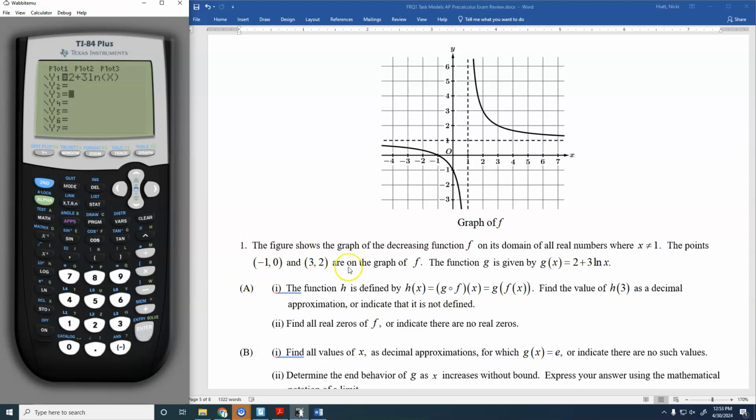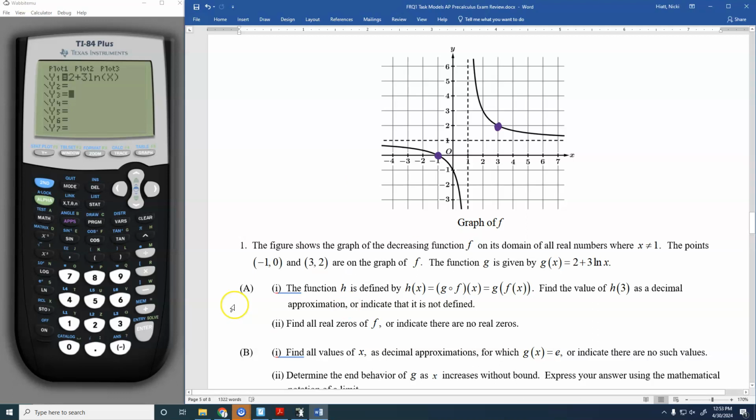They did tell us (-1, 0) and (3, 2) are on the graph of f. So they're just giving you those exact points so you know, yes, those really do cross the grid lines there. They didn't tell us (0, -1), although I feel like that's probably on there. Don't know if we should make that assumption if we need it, though.